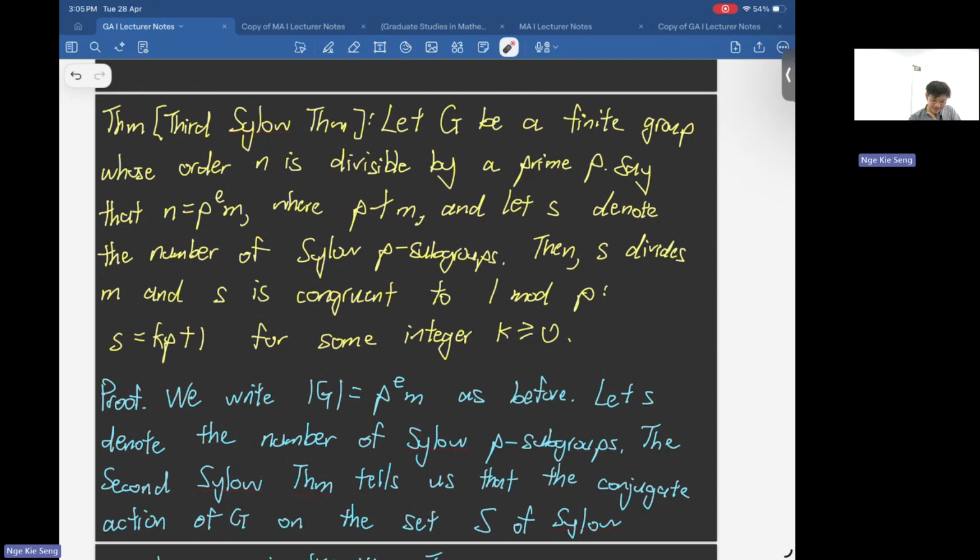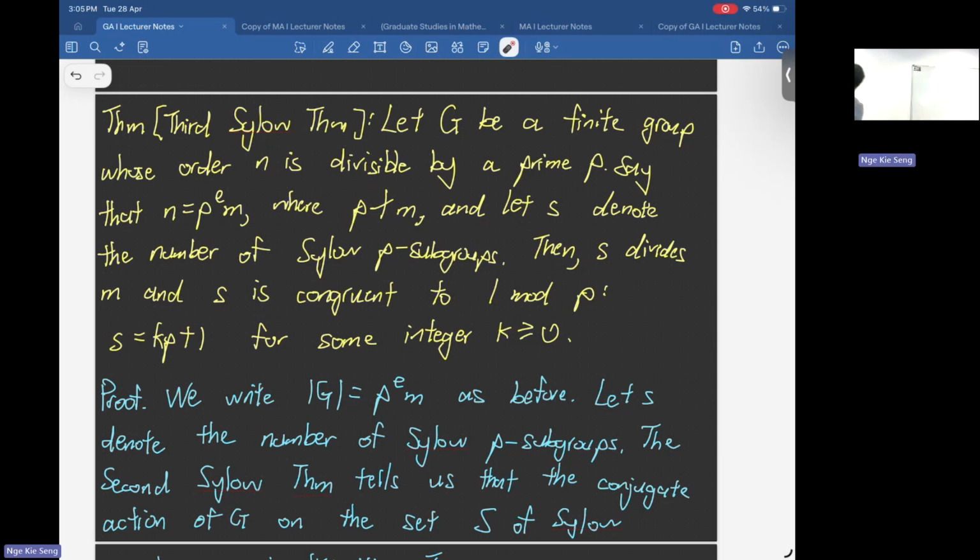Very funny, huh? Kind of funny. I don't know how to comment on this theorem. But it is this theorem that tells you how those special groups with special order behave. But do you know what they use?